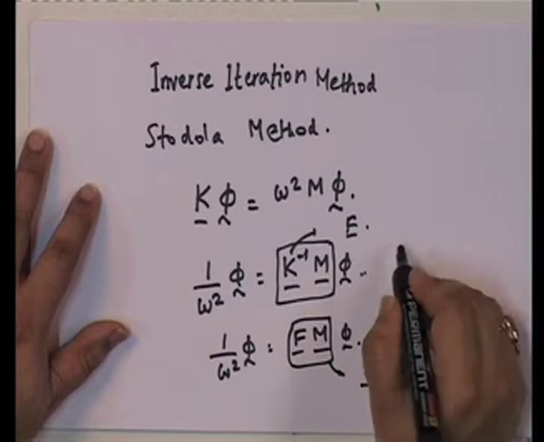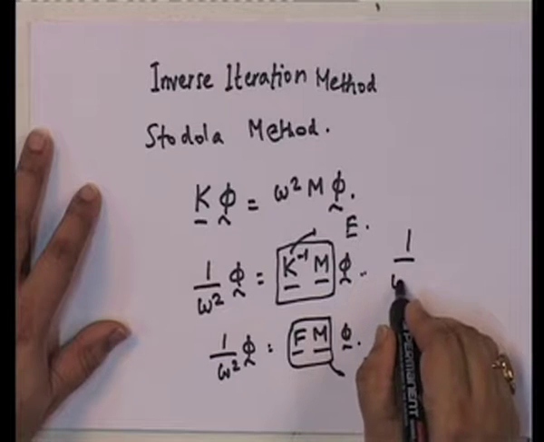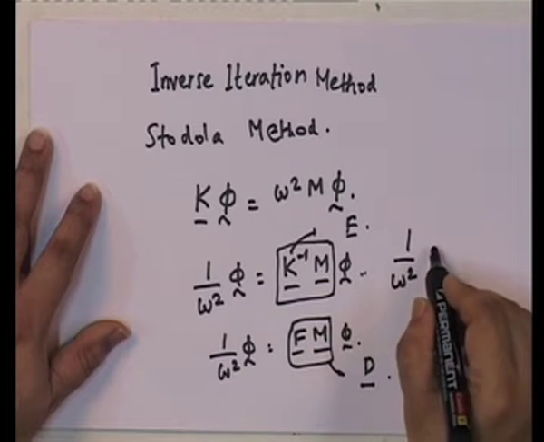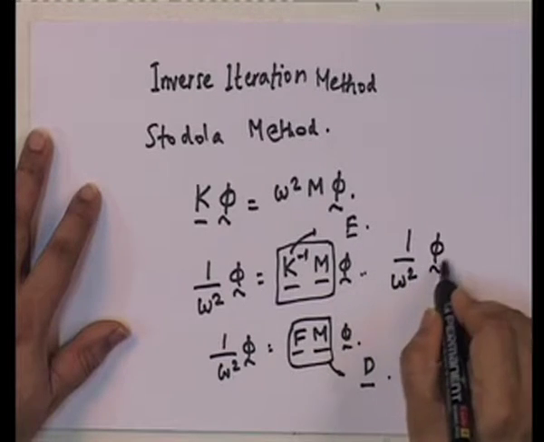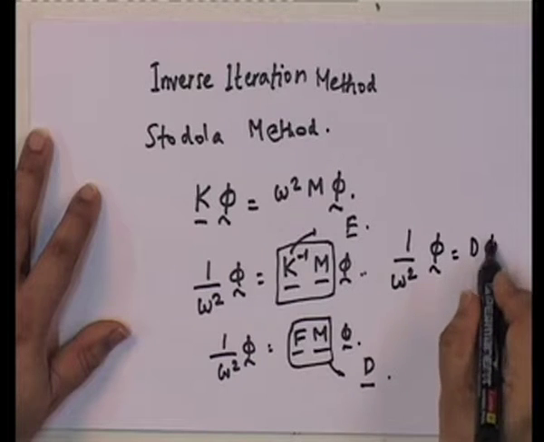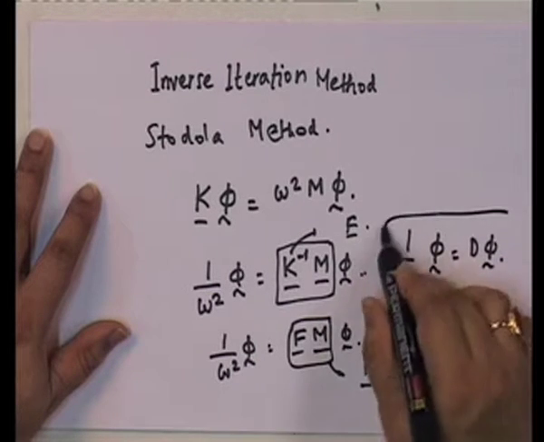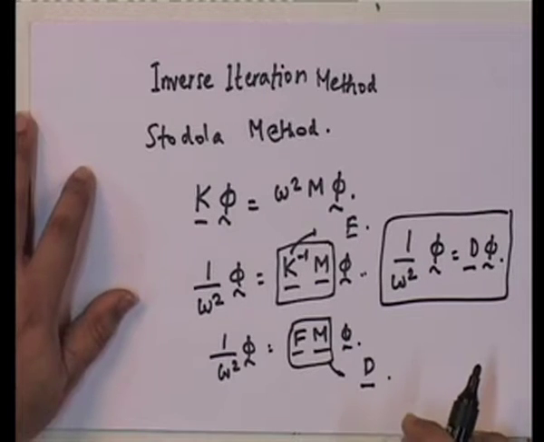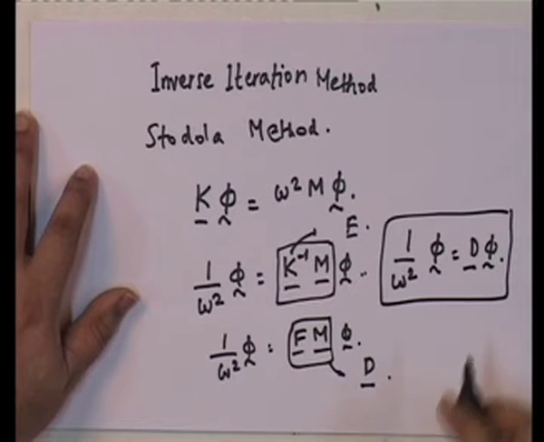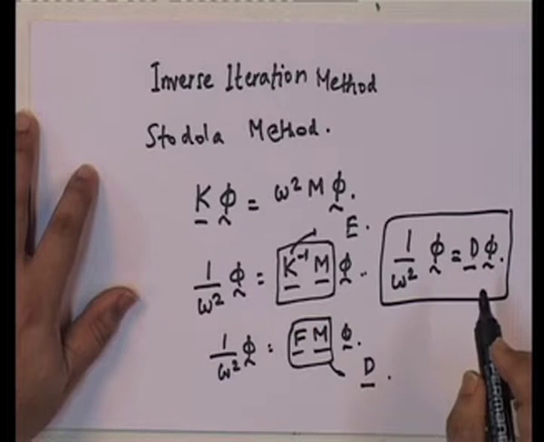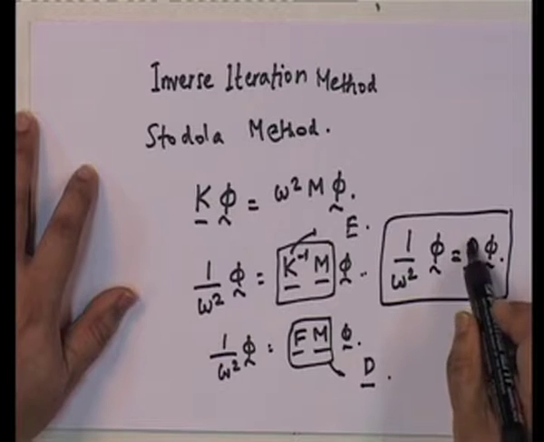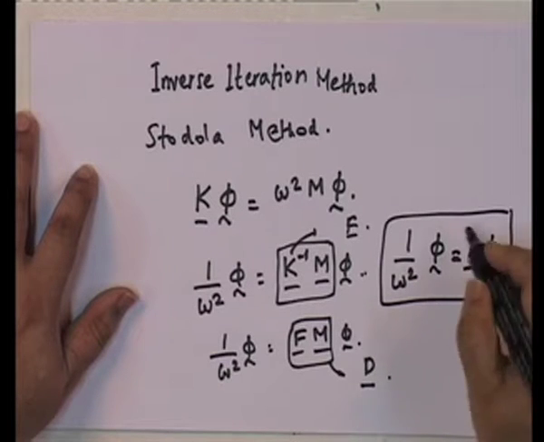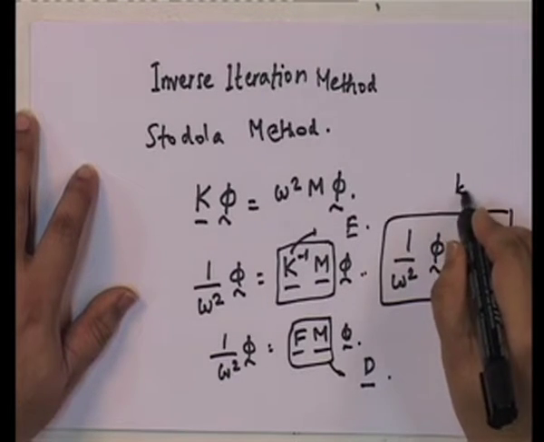Then this problem can be written in this format. This is the basic concept behind this problem. Now, D matrix is a property matrix, you can derive it. So, D is known.